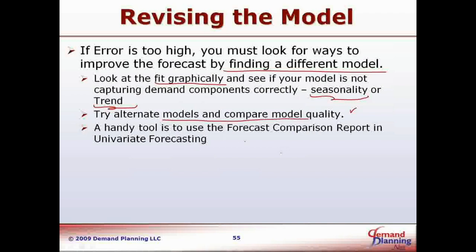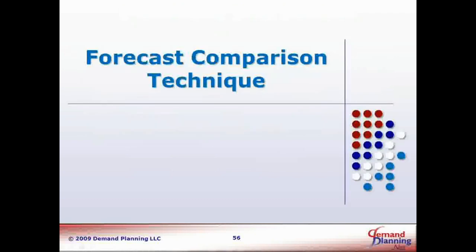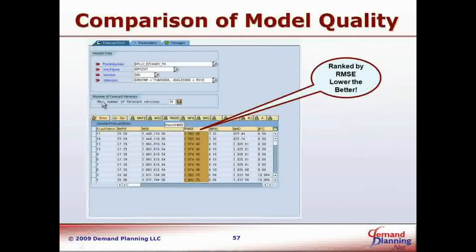So try alternate models and compare model quality. A handy tool is to use the forecast comparison report in univariate forecasting, right? So let's go and look at the forecast comparison technique. It's a report that's used to compare different models. So let me ask you, how many of you are currently using or have you seen this forecast comparison report?